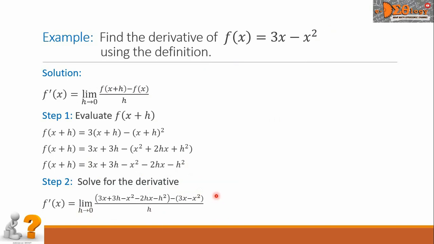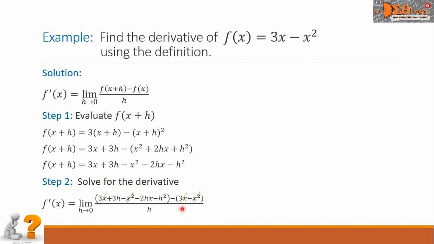Please observe in our numerator that we can simplify by removing the grouping symbol, and then we can see some terms that we can cancel. The 3x here can be cancelled with the 3x there. This negative x squared here can be cancelled with the negative x squared here.